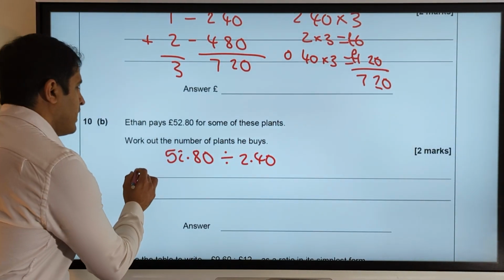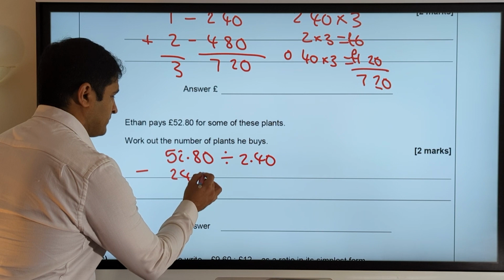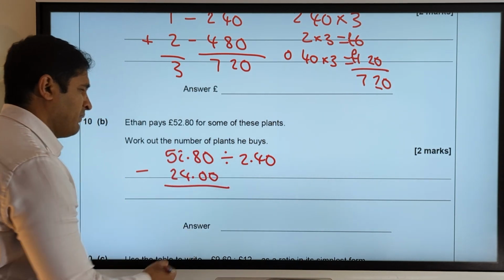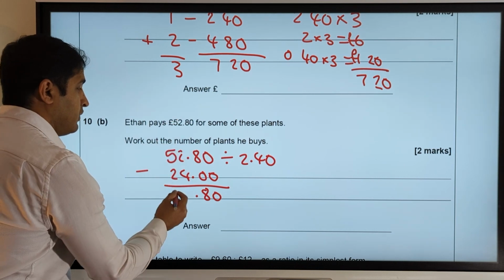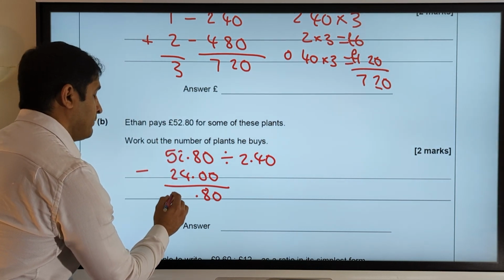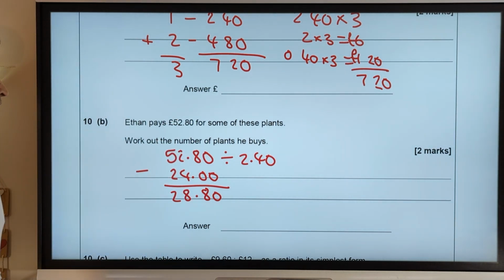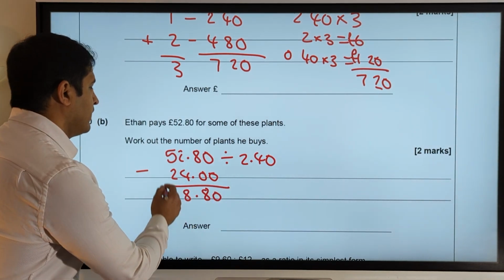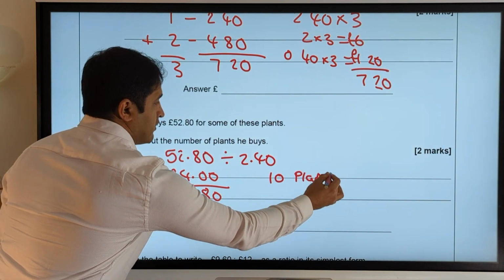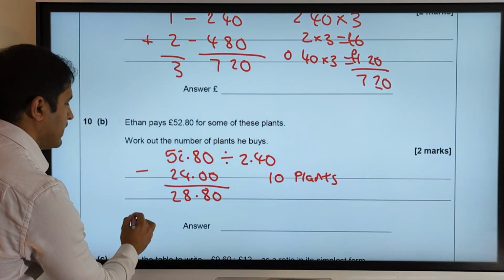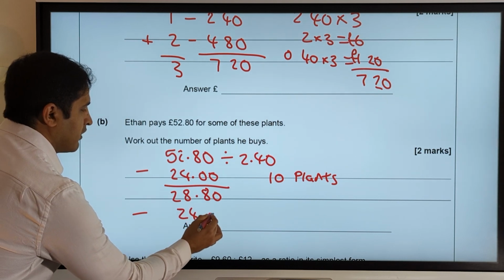Okay, so 24. What are you left with? You're left with 80p. Okay, and you take away 24 from that, you're left with 28.80. So now again, that's 10 plants. Now again take away another £24.